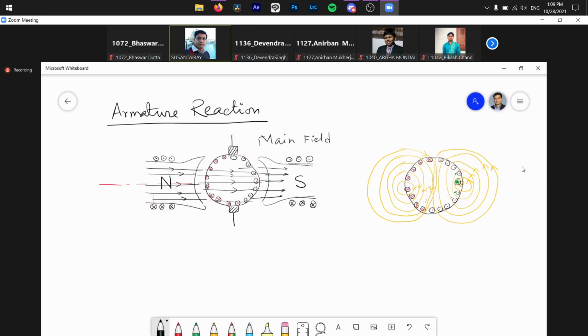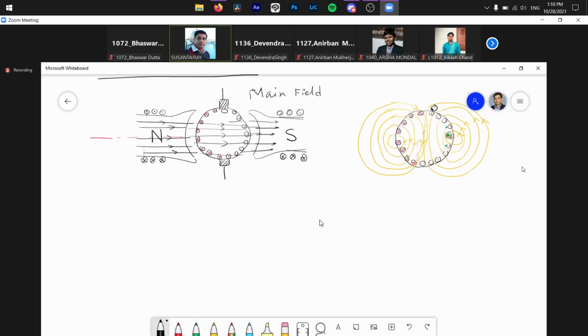So the flux contribution will be less. The least flux contribution you will have here, because there we have only one flux line, or contribution of only one coil, like that. We can also represent it in a linear fashion, not in circular, and I will discuss how, then you will understand in a better way.